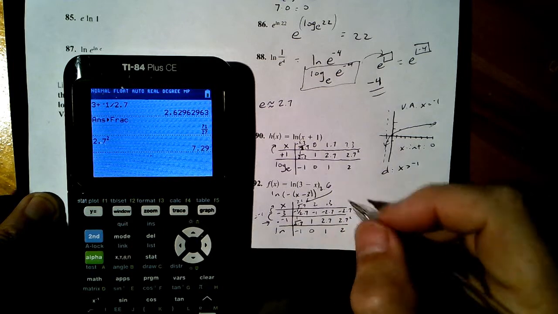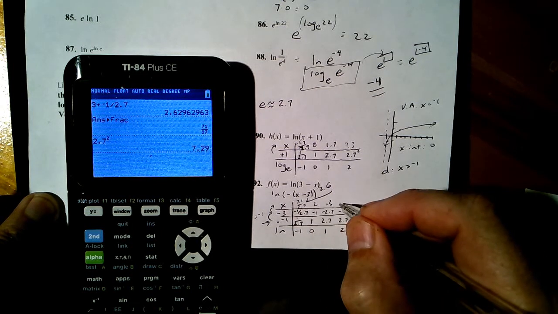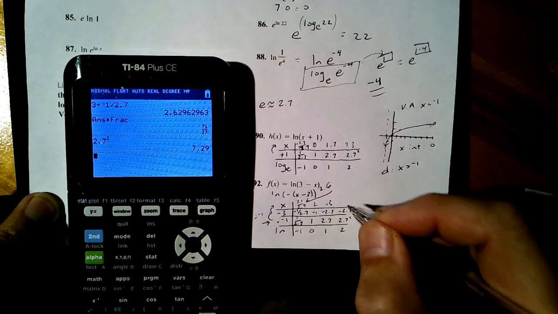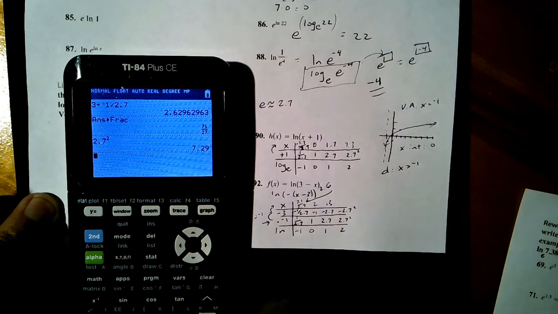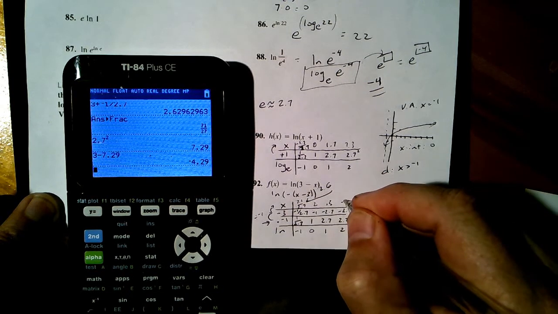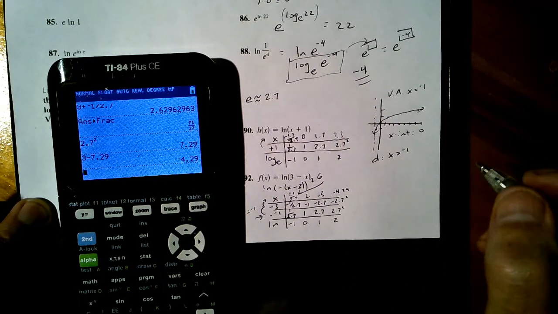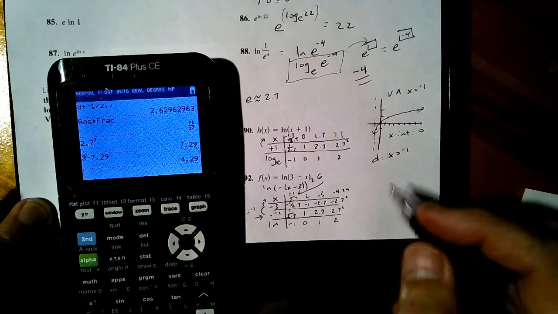When I add 3 to that, that's negative 7.29. So I get 3 minus 7.29. We get negative 4.29. Okay, so there we would have some values that we can go ahead and put on there.